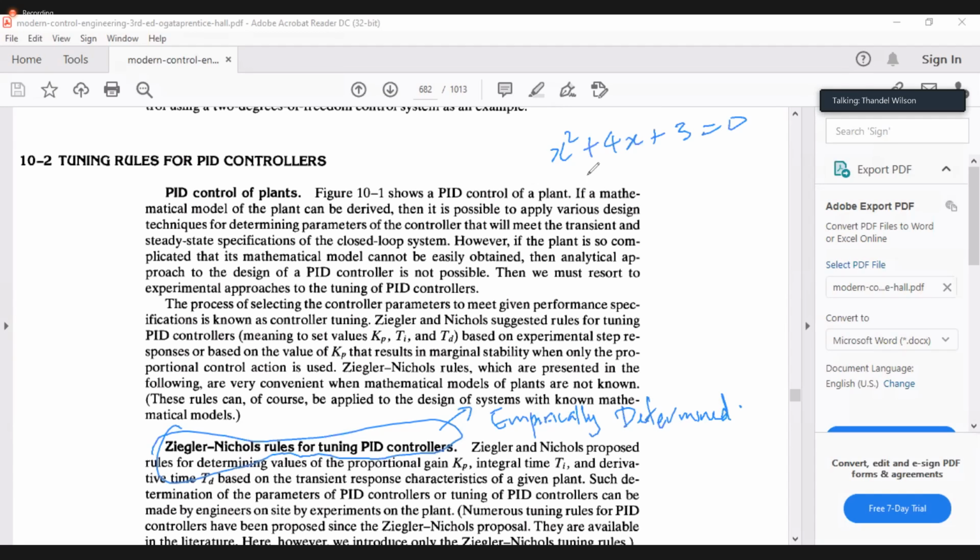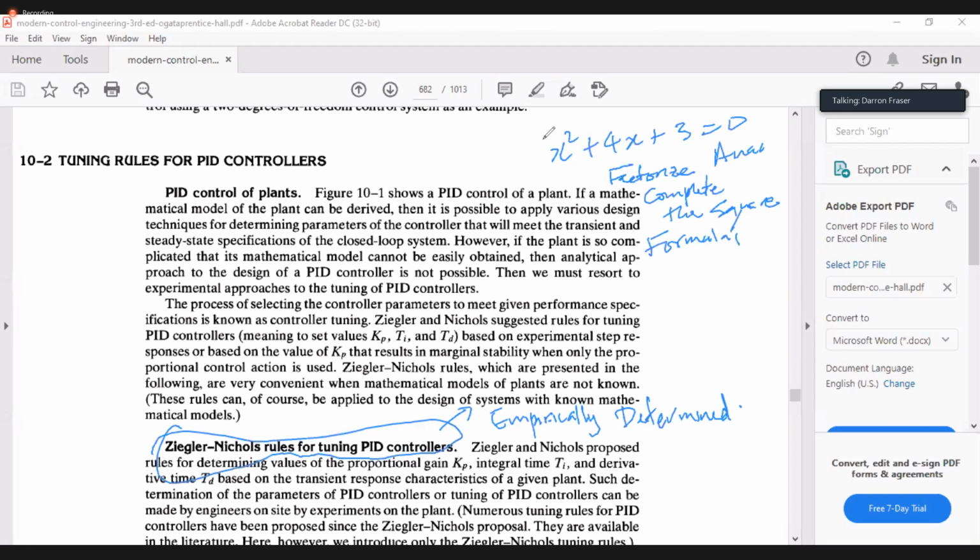You can factorize it. You can complete the square. And we can use the quadratic formula. All of those things are analytical.